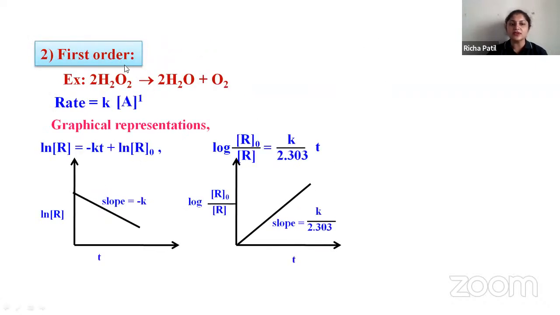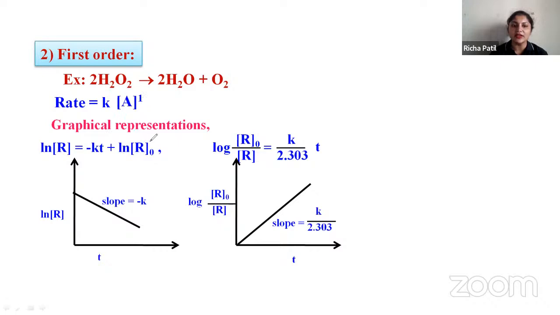Next is first order. The example is 2H2O2 giving H2O plus O2. Here the rate is given as k times the concentration of A raised to 1, so the order of reaction is 1.